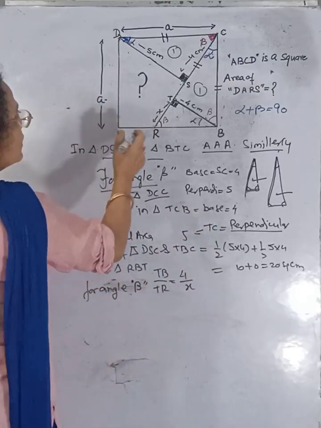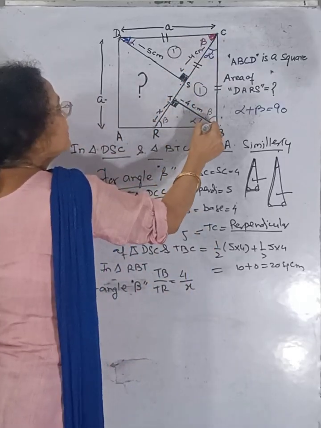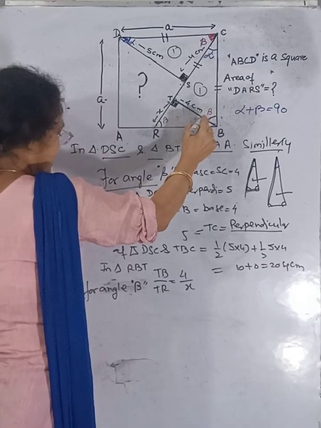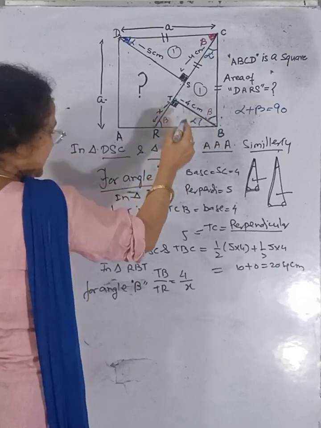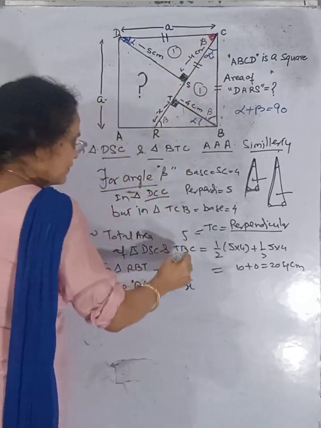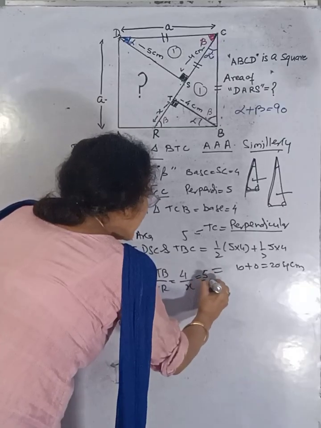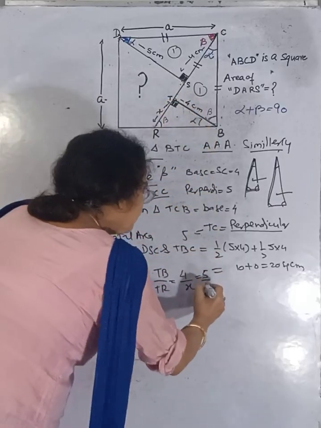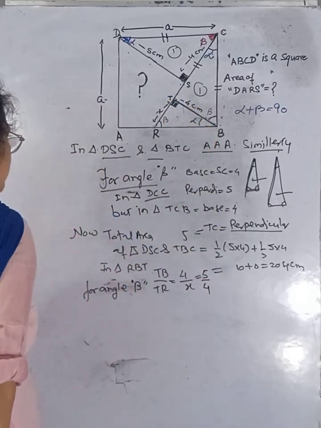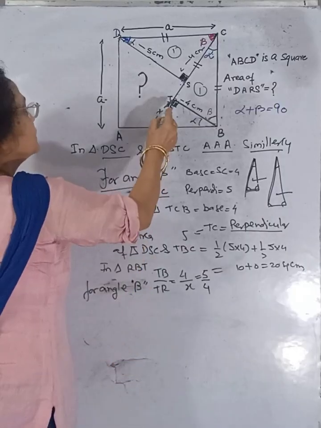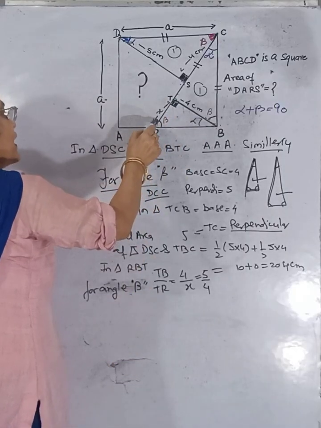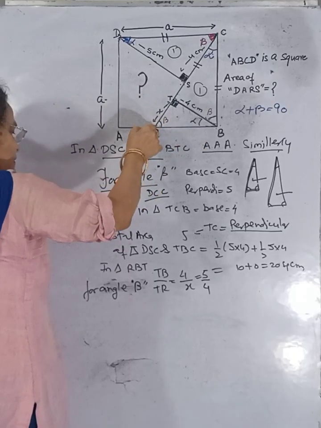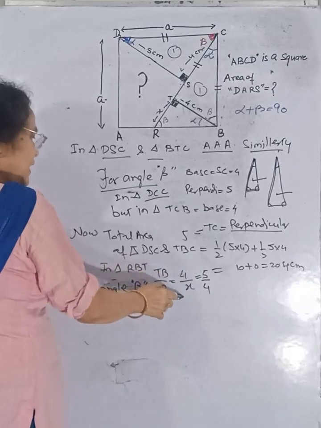Now consider this one. For angle beta, TB was the perpendicular. The perpendicular for this case is 5, upon 4. In this triangle, for angle beta, perpendicular is 4 upon base x, so 4 upon x.